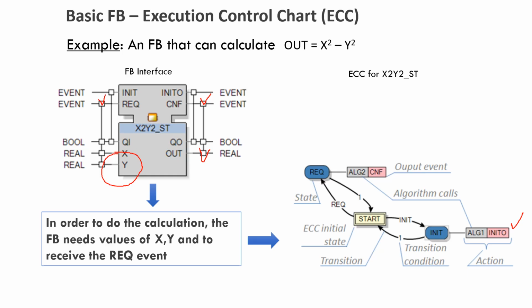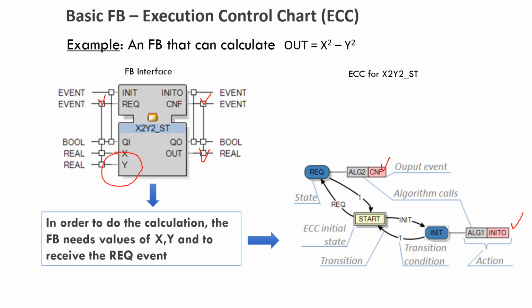So then if rec event arrives at the input rec of this function block, then it jumps from the start state onto rec state, executes algorithm alg2, and emits event cnf2. And this is the main function of this block. So the calculation of out variable will be located here in this alg2 algorithm.